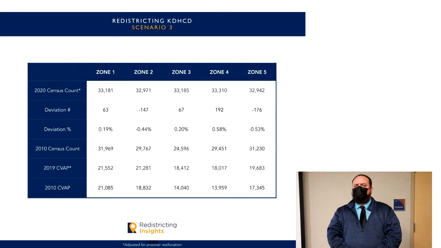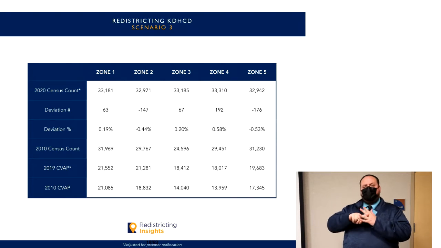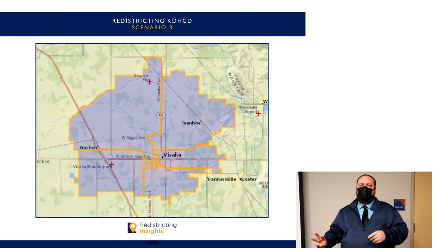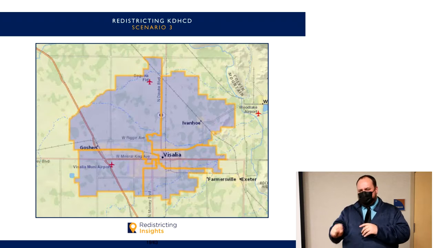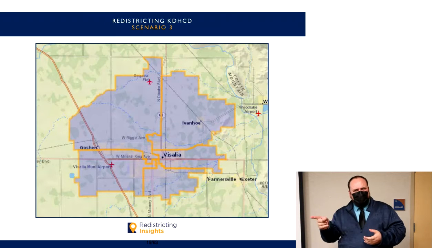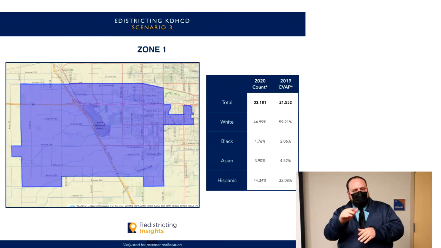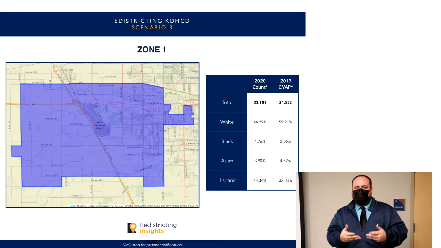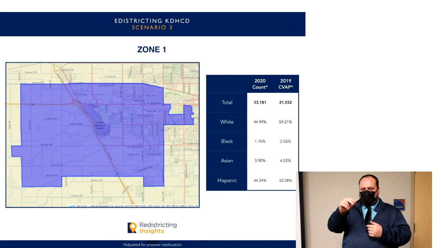For this one, we'll start in this southwestern quadrant. I believe this one may just barely split Goshen a bit. We have West Goshen Avenue right here as the northern border.